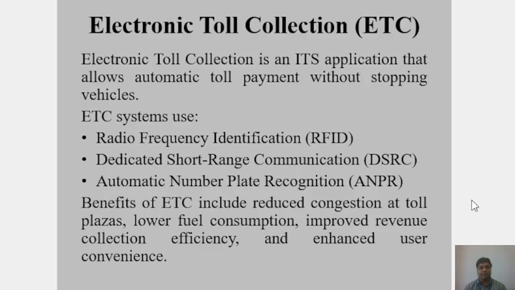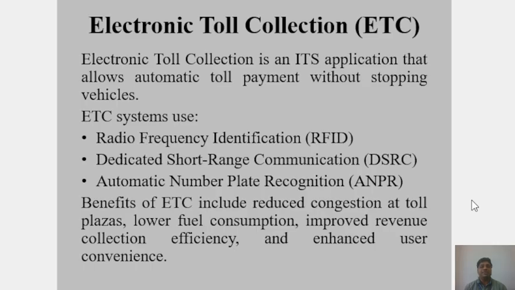Then after hitting the barcode, some information is sent to the bank, and from the bank the toll amount is deducted, and then the boom at the toll collection is lifted up within a very short period of time. So all these works happen in a very short period of time, without stopping the vehicle for a long period of time.